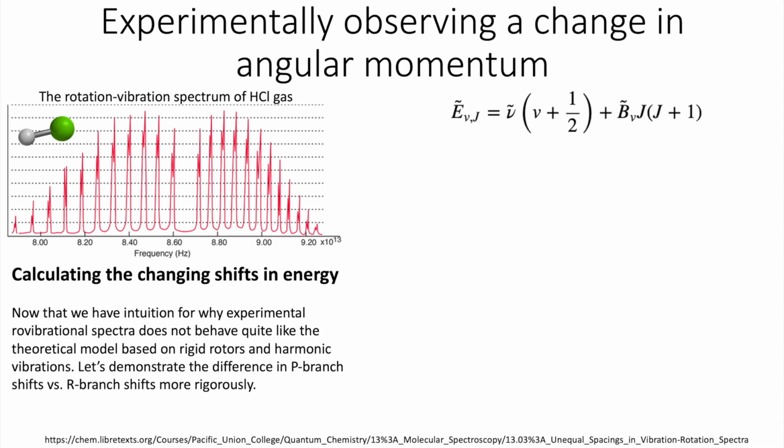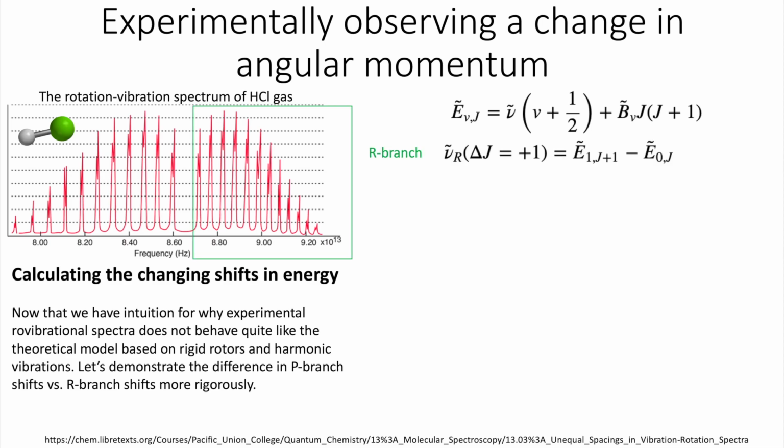So again, here's our energy function that's just the sum of the harmonic energy levels plus the rigid rotor energy levels. Now, if we consider the R branch, this is where delta J is +1, right? It's going to a higher angular momentum energy. And then we do our usual final minus initial, and we see what that works out to.